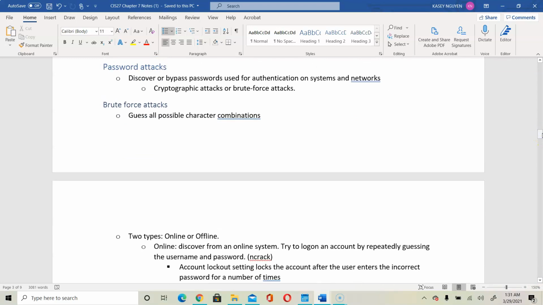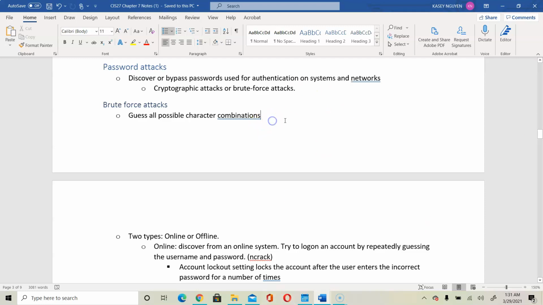So a password attack simply is a form of attack to discover or bypass the password being used for that system or certain devices on the network. Sometimes that could be a cryptographic attack, or other times it could be a brute force attack. Tried and true, meaning that they would try as many different passwords as possible.